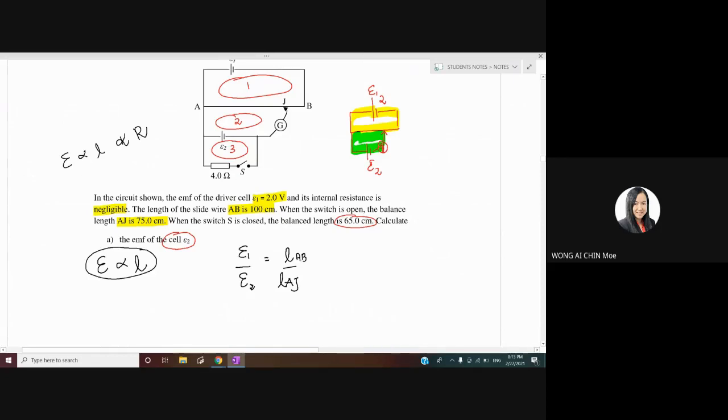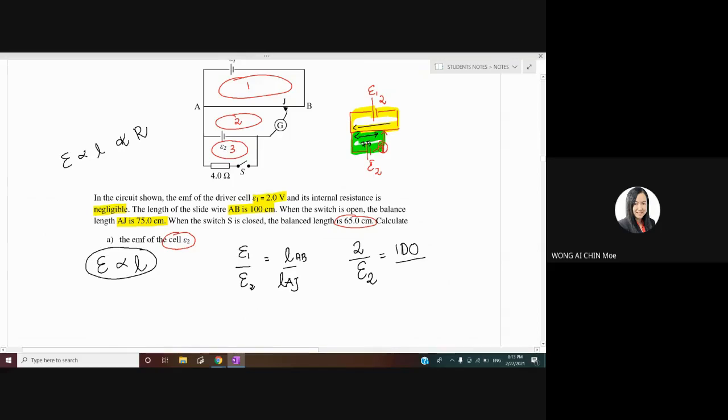So we substitute the values. Epsilon 1 just now is 2 volt. Epsilon 2 we don't know. The length for the bigger loop in total is 100 cm. And for epsilon 2, when the switch S is open, we find that this one is actually only 75 cm.